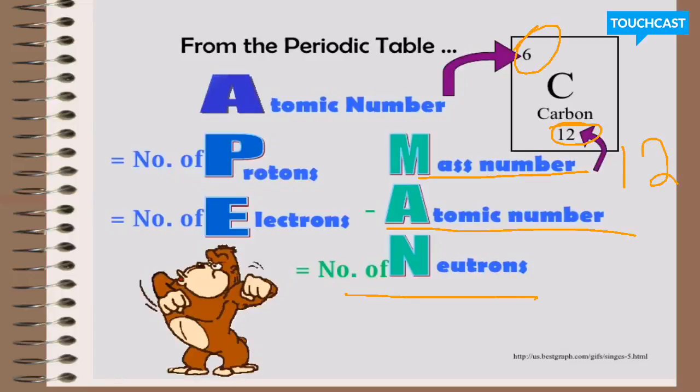My atomic number is 6. So I'm going to subtract 12 minus 6, and I get 6. So I ended up with 6 protons, 6 electrons, because that's my atomic number, and I also ended up with 6 neutrons. However, you need to keep in mind that this is not always going to be the case. So don't think it's always the same. That is not ever, ever, ever true.